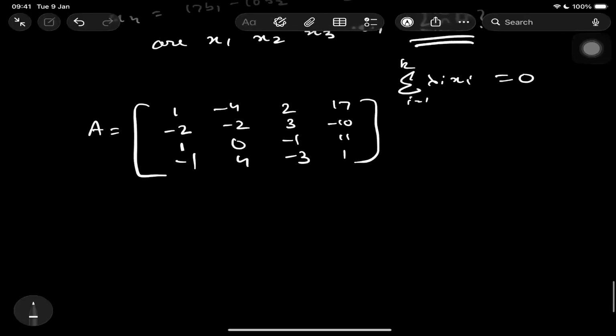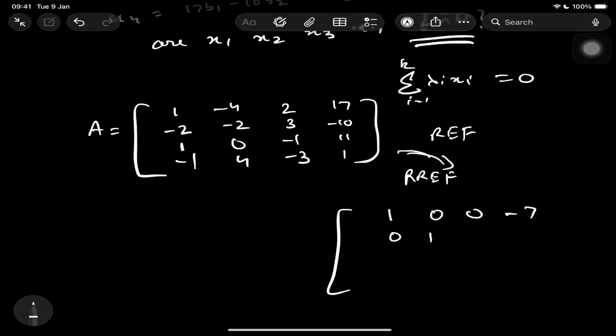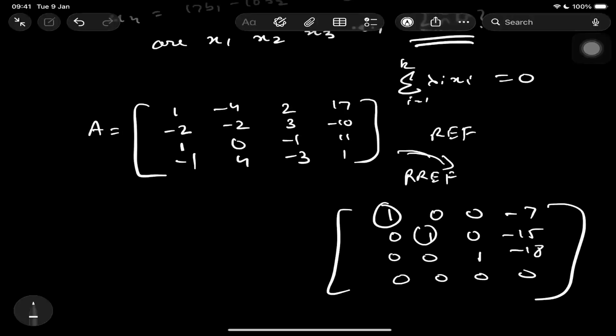Okay, then what I'll do is convert it into either a row echelon form or reduced echelon form. So what I'll get is 1, 0, 0, negative 7, then 0, 1, 0, negative 15, then 0, 0, 1, negative 18, and 0, 0, 0, 0. So I have a pivot here, pivot here, pivot here.